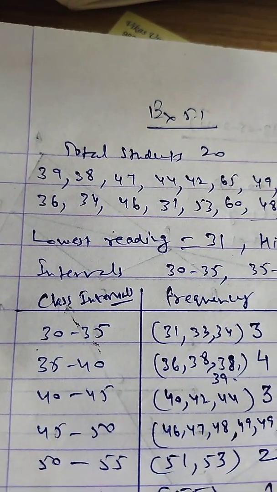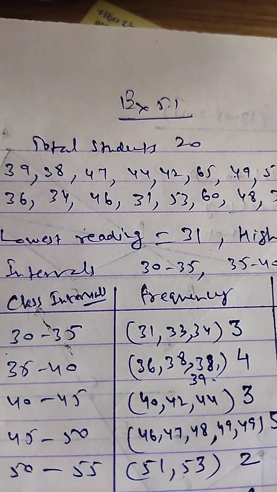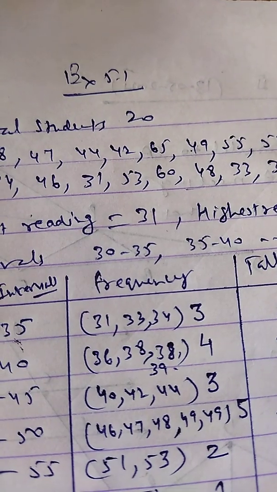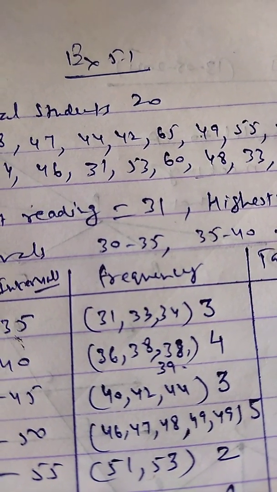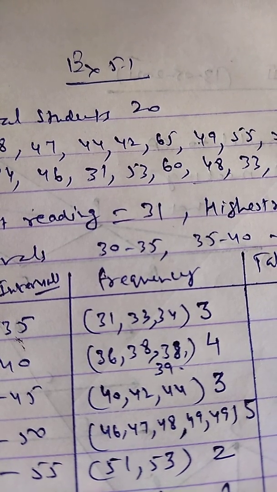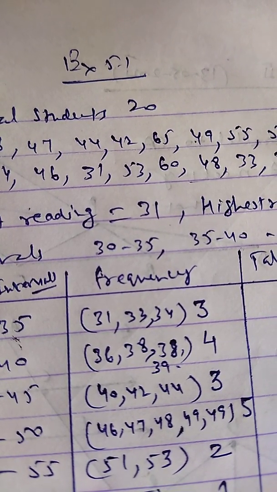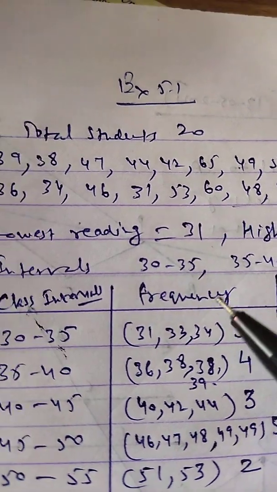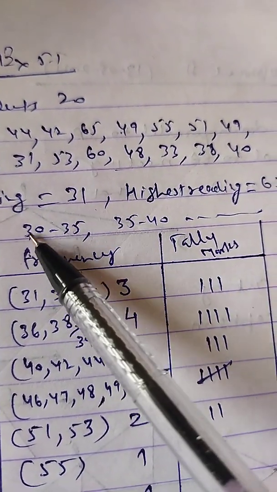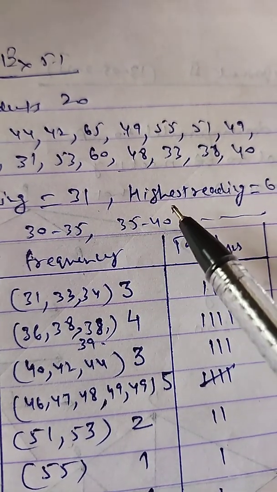The data given to you, there are 20 students, with class intervals of 30 to 35, 35 to 40. You have to make a frequency distribution table, and you need to make the class intervals of 30 to 35 range and 35 to 40 and so on.